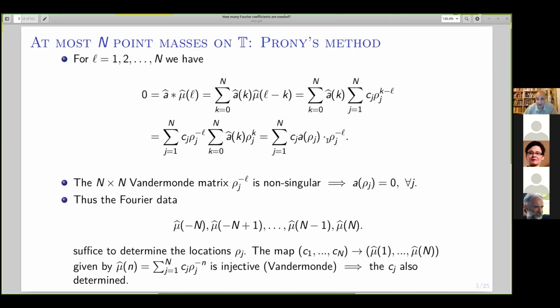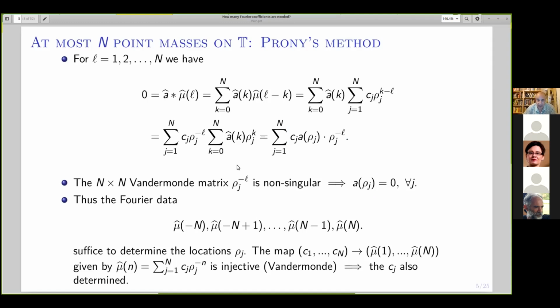So since this is a non-singular matrix, and this is a 0 vector, because this is 0 for all values of L, it follows that these numbers are 0. And since we have assumed that the Cj are not 0, the A's must be 0. So we showed that our polynomial has roots where it should have them. And since its degree is the right quantity, it is our polynomial.